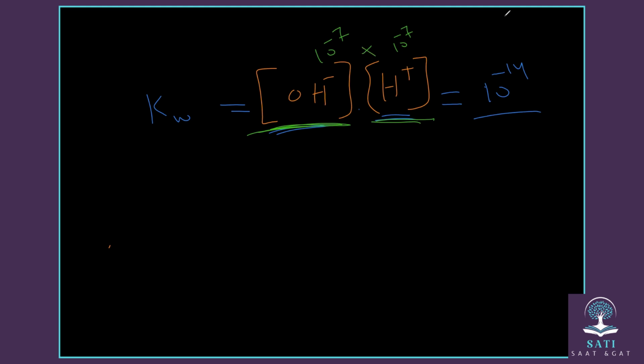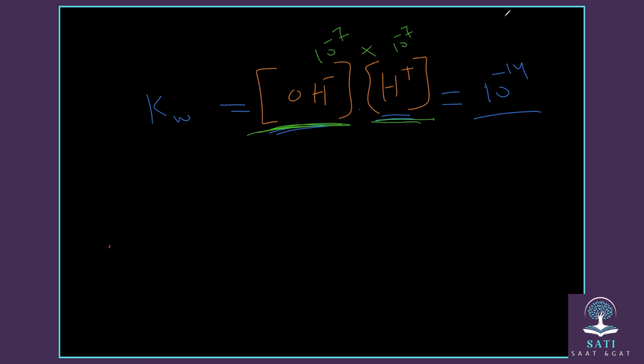So when you multiply them, you get 10 to the power of negative 14, because when we multiply the powers, we add them. This is for neutral solutions. So you understand now, in neutral solutions, the concentration of OH and the concentration of H are the same.